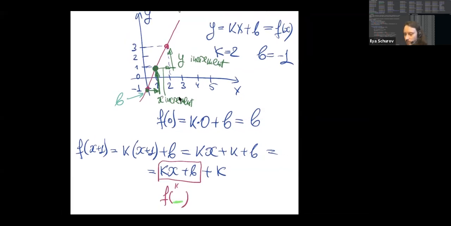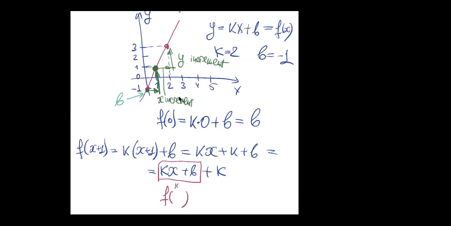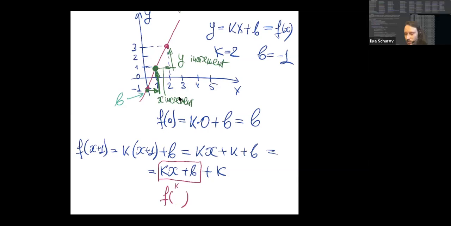I denote by f this dependence. f of x equals kx plus b. So what should I put here? No, look, f of x is kx plus b.